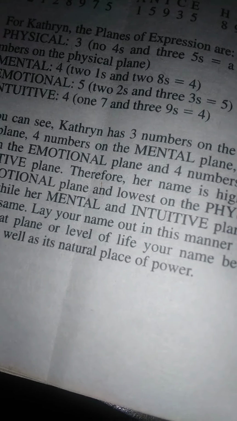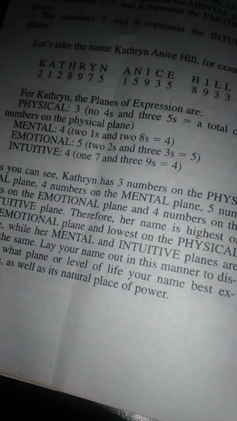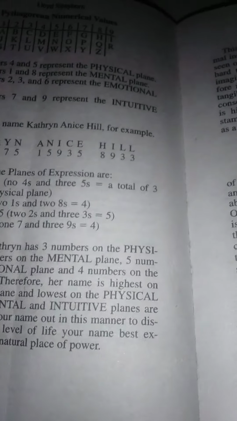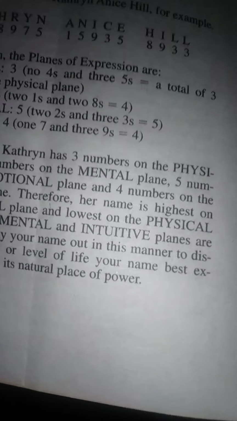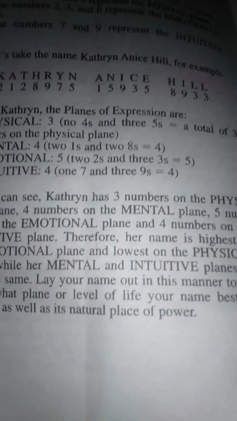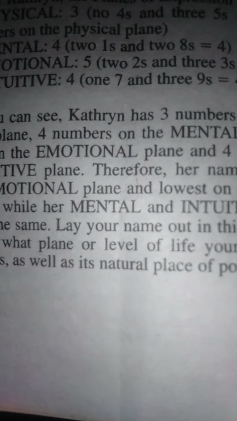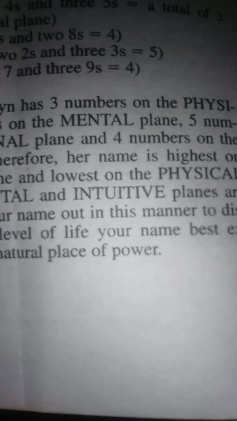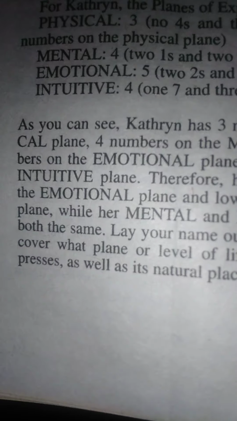Now, as you can see, it says here, Catherine has 3 numbers on the physical plane, 4 numbers on the mental plane, 5 numbers on the emotional plane, and 4 numbers on the intuitive plane. Therefore, her name is the highest on the emotional plane and the lowest on the physical plane, while her mental and intuitive planes are both the same.